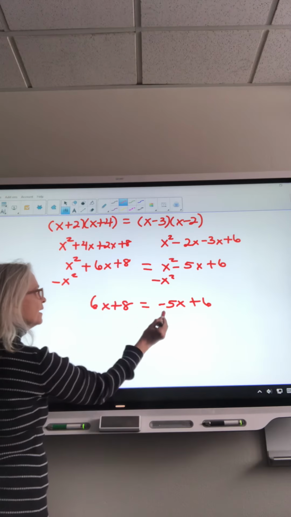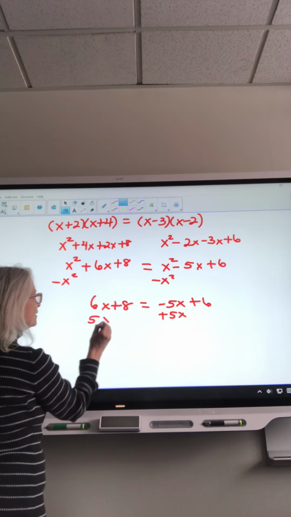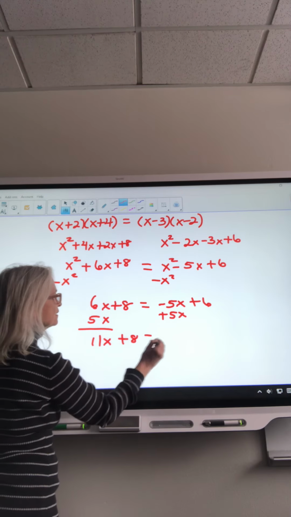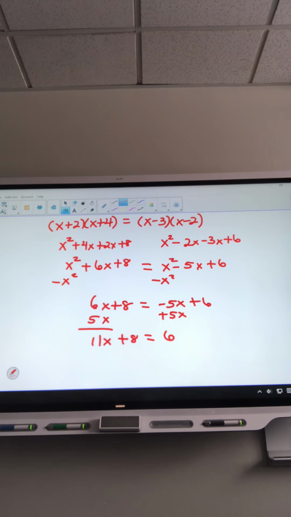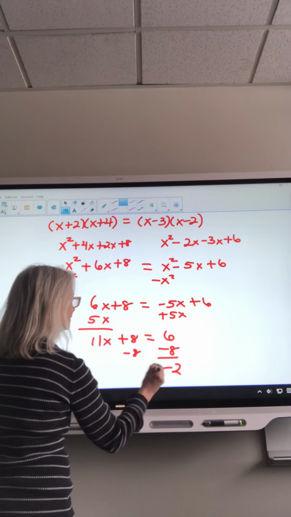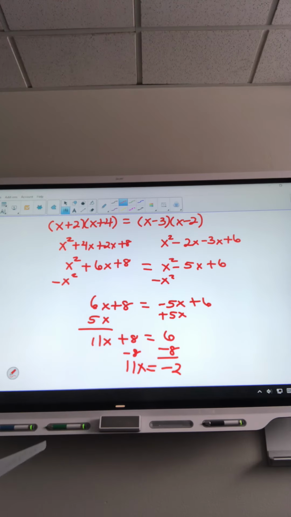And so if we were to add 5x, we get 11x. And I took it away for some reason. So there we go. So we've got 11x plus 8 is equal to 6. We add the 5x to get rid of it. Then we would take away the 8, and that's going to give us 11x is equal to a negative 2.